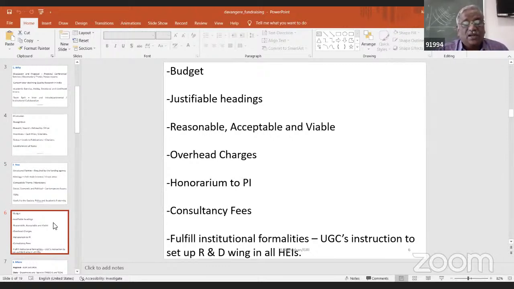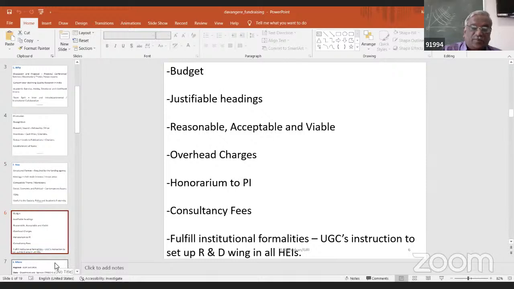Therefore, whatever we prepare at the department level should be routed through the research and development wing. And also, earlier the individual colleges should route their proposals through the university curriculum development cell. Now that formality also has been simplified. And if the university is not responding within one month or so, the funding agency can consider it as approved. Therefore, the procedure has been simplified.